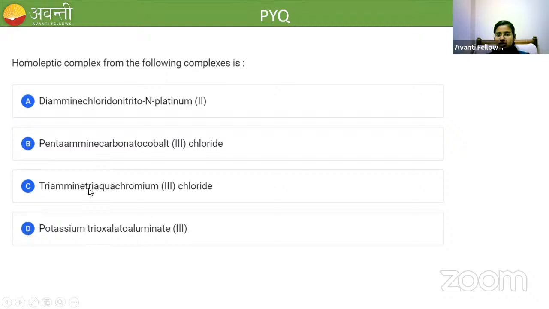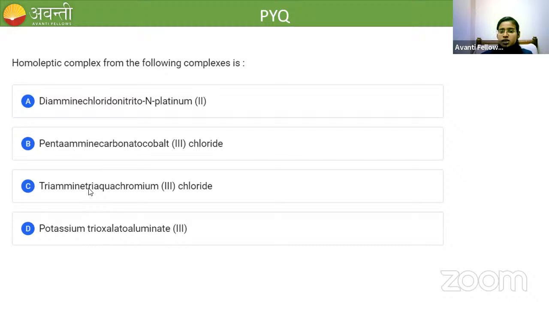So I have got a question for you. So the homoleptic complex from the following complexes. So I just want to say this because I did not cover this in the class. Okay. Homoleptic means if the similar type of ligand is present inside the coordination entity, it is called a homoleptic complex. Okay. And also we have one more type which is called a heteroleptic complex.